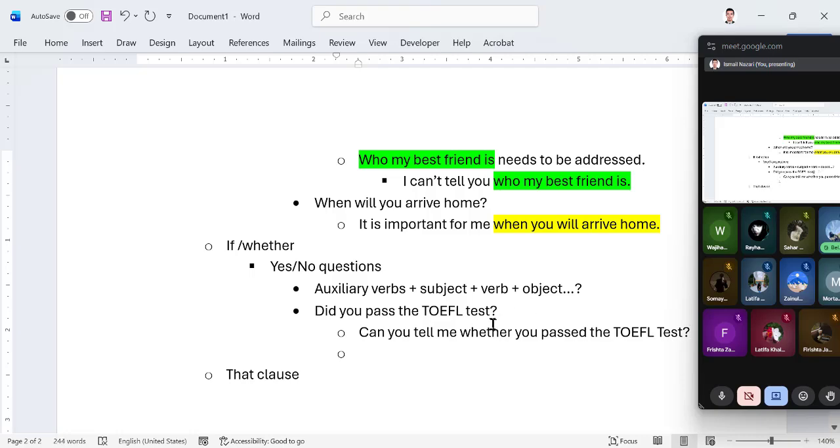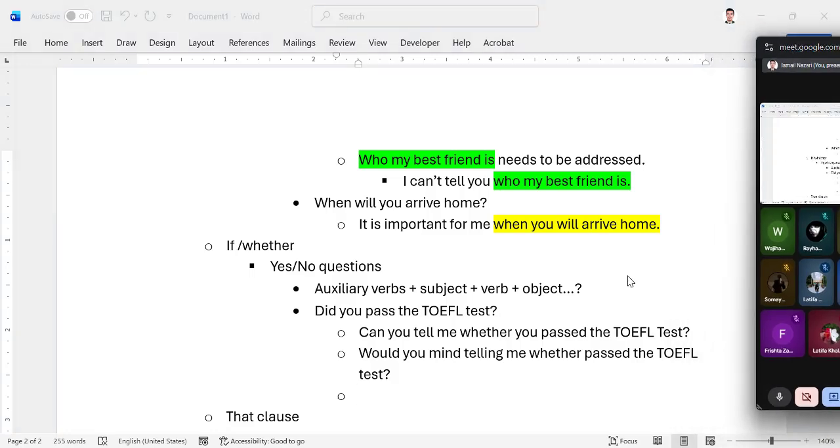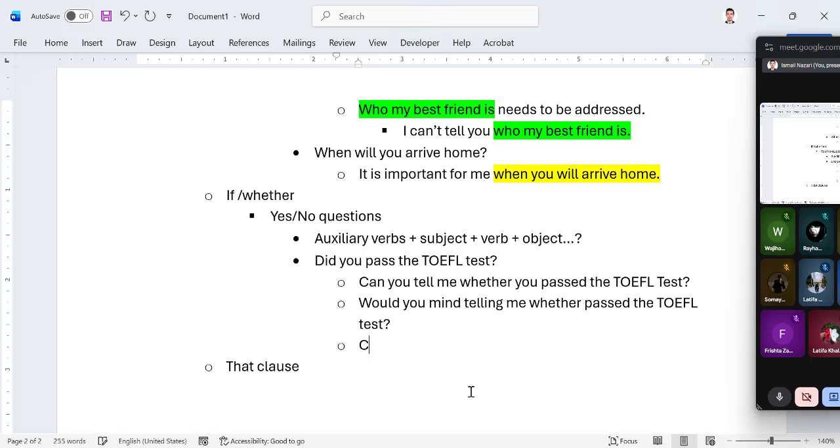Instead, we used good wording, saying "whether you passed the TOEFL test," or we have other cases, for example, "Would you mind telling me whether you passed the TOEFL test?" So we have here "whether you passed the TOEFL test." Often instead of whether, we may have "if" as well. So if I say, "could you," "would you," those are questions.